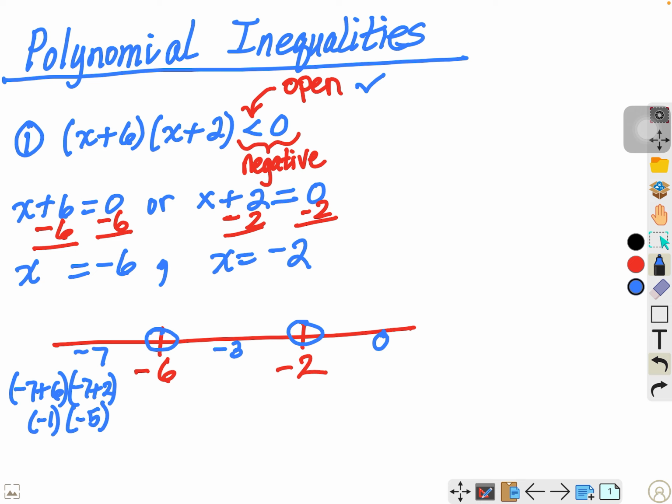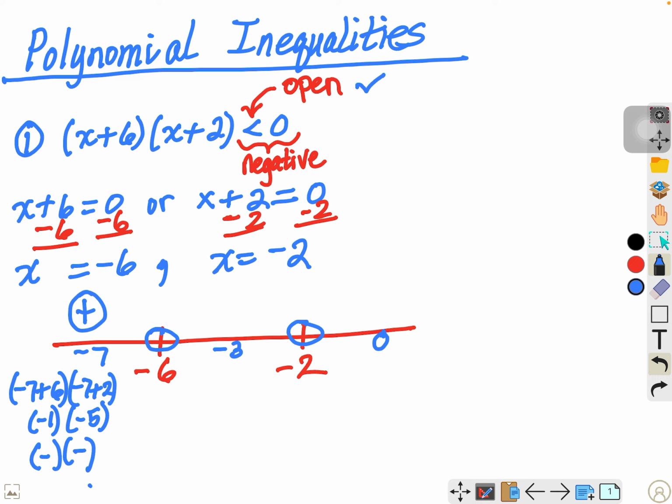And basically that's going to be a positive 5. From here on out, we're just going to be concerned with, are we going to get a positive or negative result? So we'll be listing a negative times a negative. That's going to give us a positive in this region. And that is not what we're looking for. We're looking for the negative region or regions.